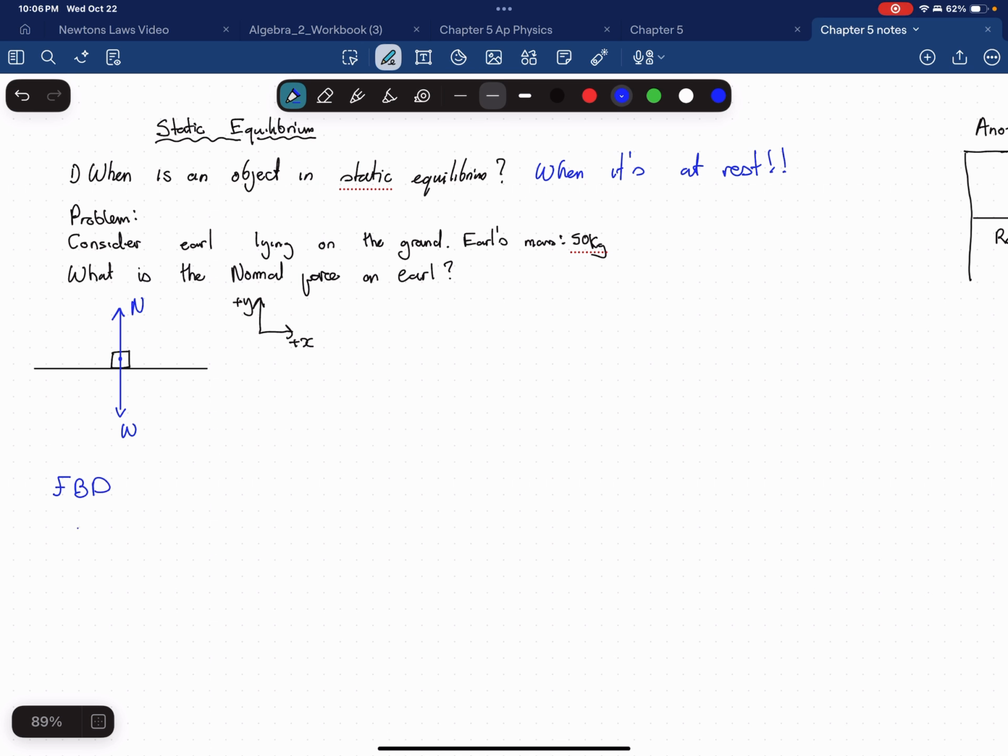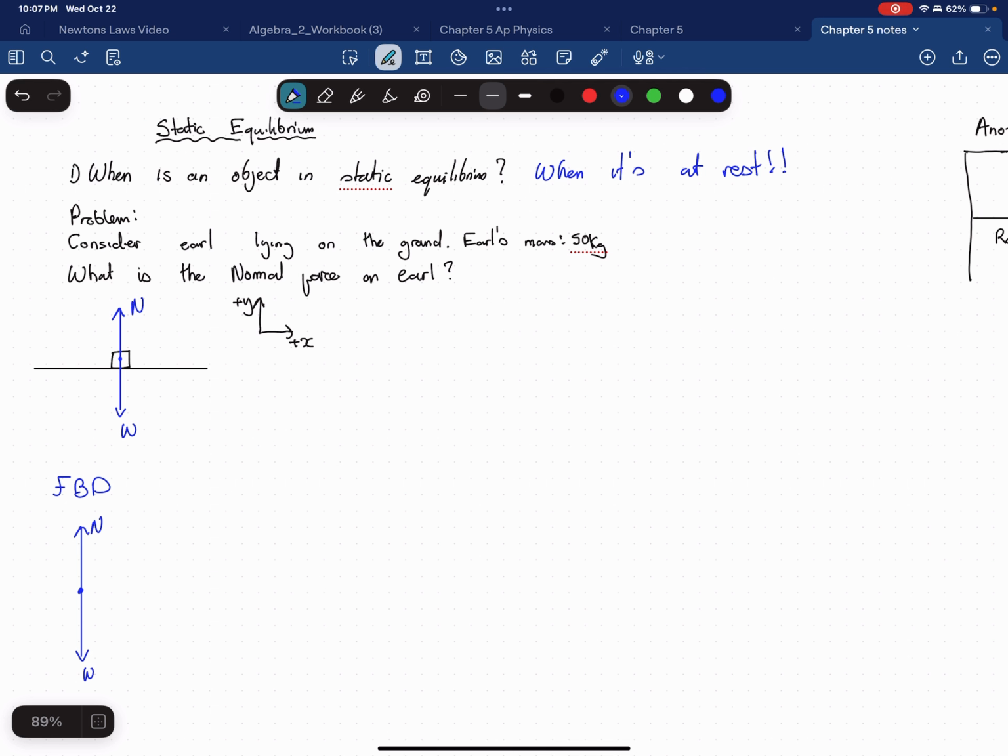There's Earl. The weight vector has its tail on the object and the tip pointing down, and the normal force is up there. So there's our free body diagram. The next step from here is to calculate the sum of forces in the x direction and the y direction.